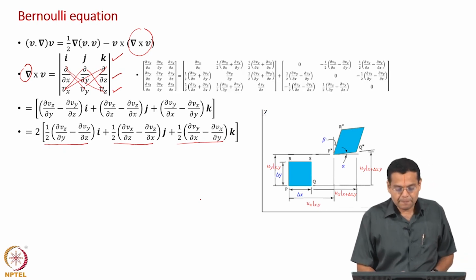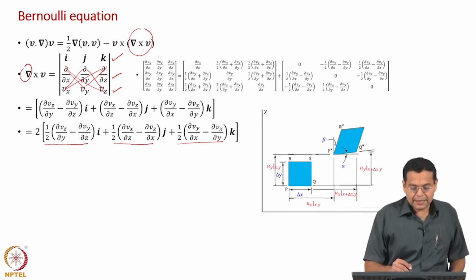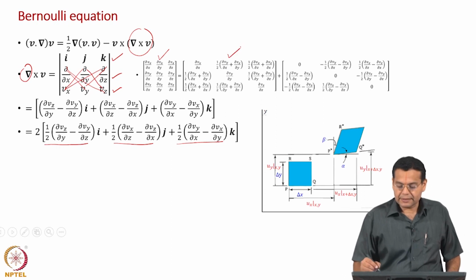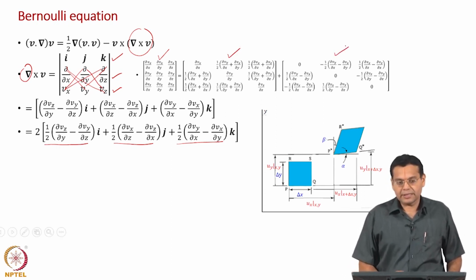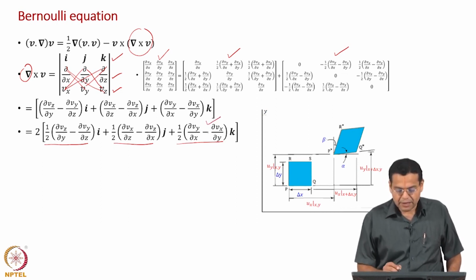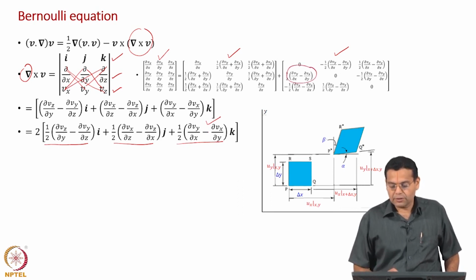Just to recall, we express the velocity gradient tensor in terms of the strain rate tensor and the rotation rate tensor, or rate of rotation tensor. And look at this, what we have here is one of the components of the rotation rate tensor.